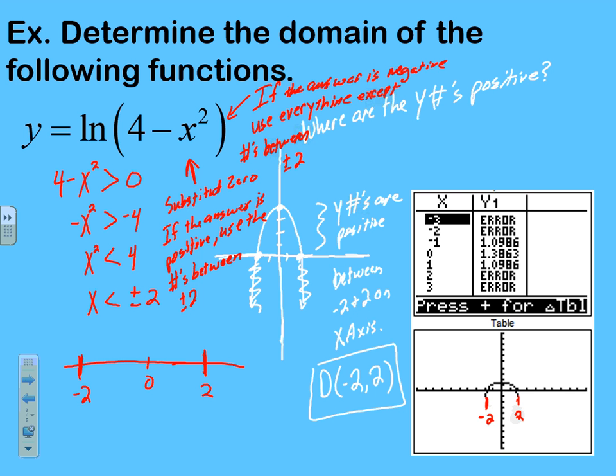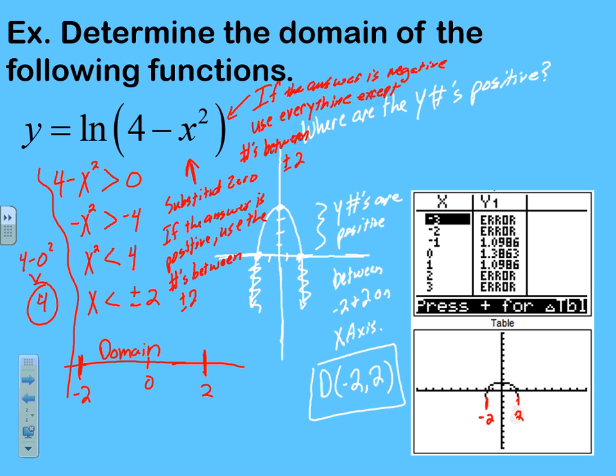So I'm kind of running out of room here, but let's look right here. If I say 4 minus 0 squared, well, that just simplifies to be a positive 4. So because I get a positive answer when I substitute a 0 into the expression that's contained in the parentheses, that tells me that the domain has to be the numbers that we algebraically determined between positive and negative 2.